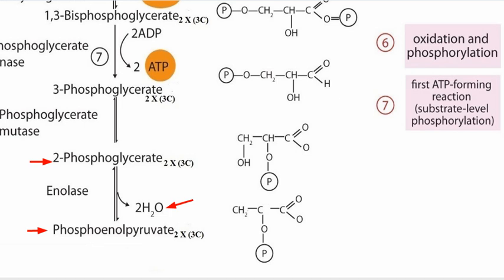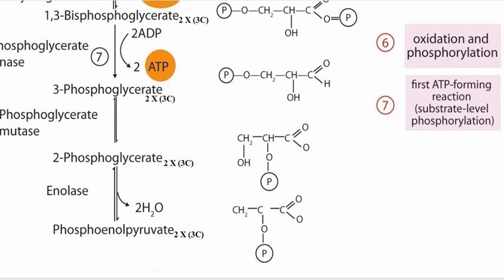Now if you say, sir, over here 2 molecules are written and you are telling 1 molecule. My dear friends, as I told you many times, this entire reaction is going on 2 times because DHAP has been converted into phosphoglyceraldehyde, so this process is done 2 times. With 2 molecules we are getting 2 molecules.